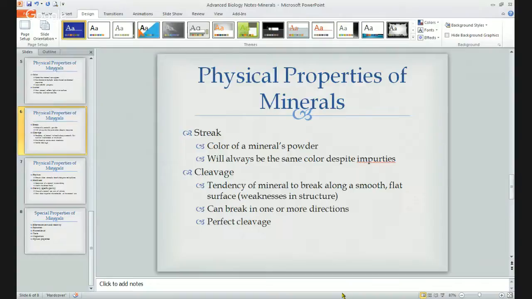Usually, for both fracturing and cleavage, they're going to break along certain points of weakness in the structure of the mineral. Weaknesses in the structure cause them to either cleave or fracture. Since we're talking about cleavage here, it's a smooth, straight break.